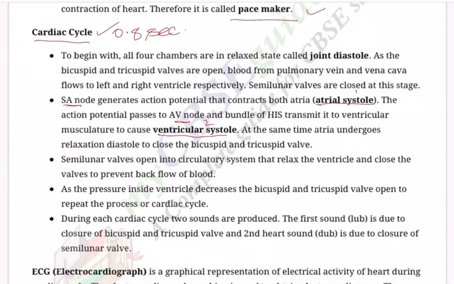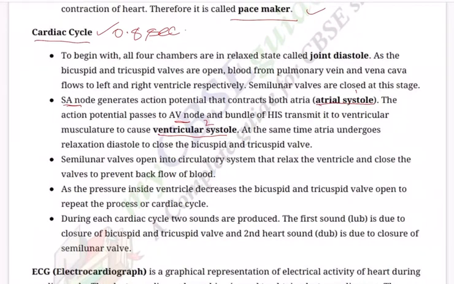When the ventricles complete their contraction, the blood flows into the pulmonary trunk and aorta as the semilunar valves open up. Next, the third one is ventricular diastole. The ventricles relax and the semilunar valves are closed. This causes the second heart sound, dub.